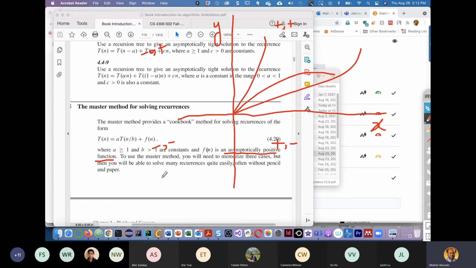In order to use master theorem to solve any recurrence problem, we need to understand three cases. There are three cases for master theorem. If you understand these three cases, hopefully you will be able to use master theorem for solving many recurrence problems. I said many, but not all. We will see the limitation of master theorem.